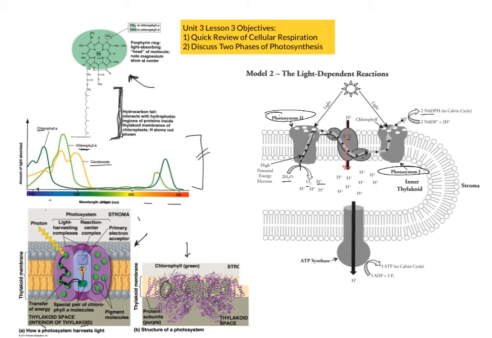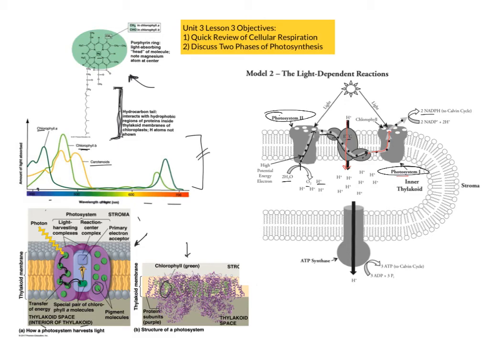As that occurs, energy is lost from that high energy electron, and at the end of this electron transport chain, photosystem 1, which has a very similar structure and also absorbs photons in the chlorophyll and other pigment molecules, will re-excite those electrons to a high energy state.